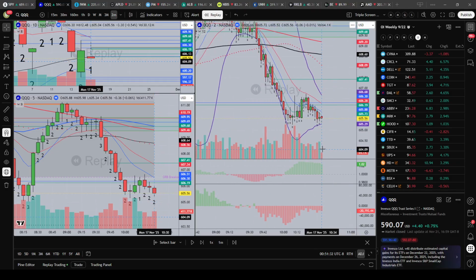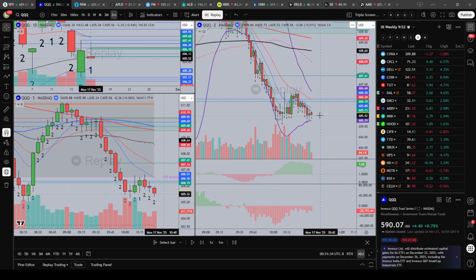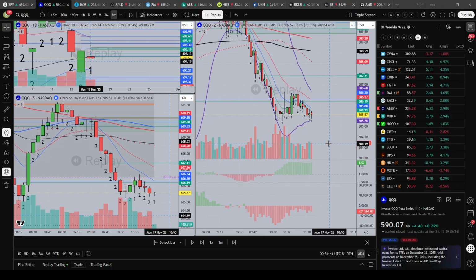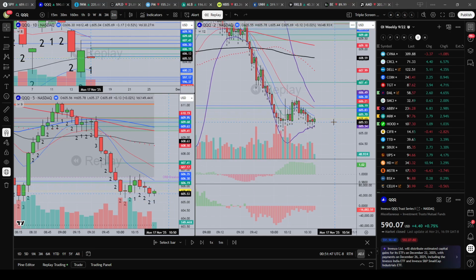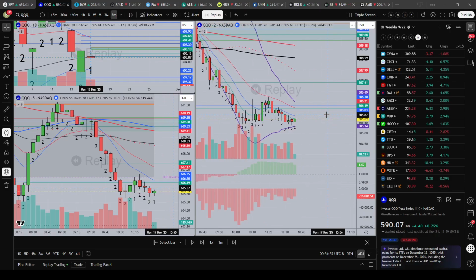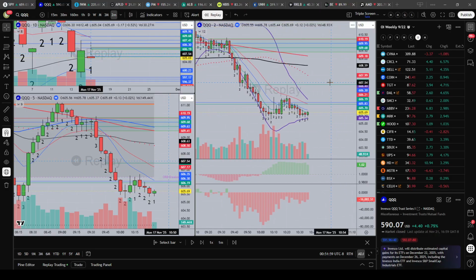So I'm hoping we don't get some type of double bottom here. I really need this to keep pushing. Yeah, I would be careful here. Yeah, let's see.